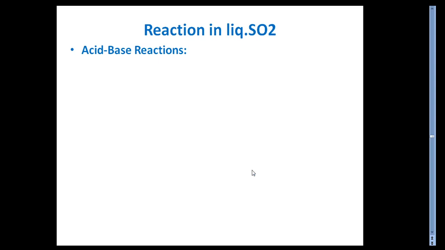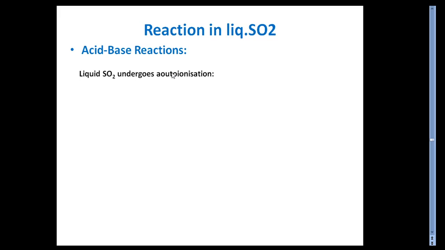Next, let's see the reactions in SO2. As far as reactions in SO2 are concerned, in the ammonia section we also discussed the same terminology, that is, acid-base reactions. So here we are comparing the same reaction with SO2. There are a number of chemical reactions in liquid SO2.